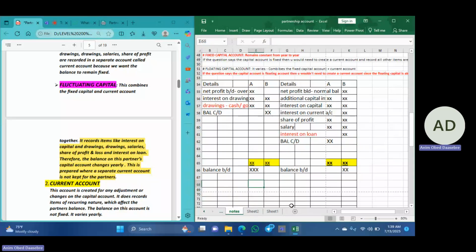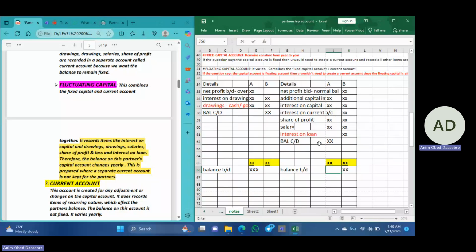All right. So this is how sometimes it will be, right? So for partner A, the balance c/d is at the credit side.